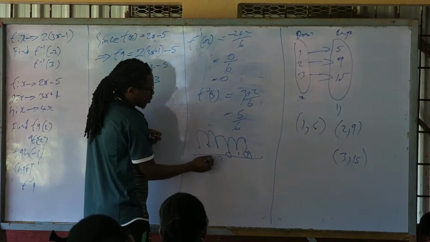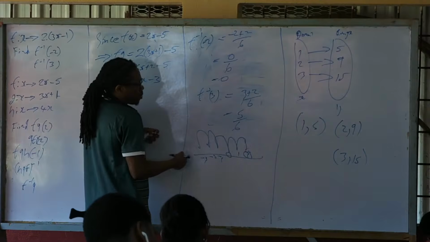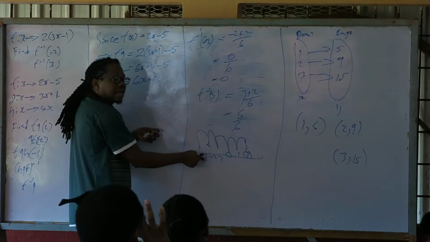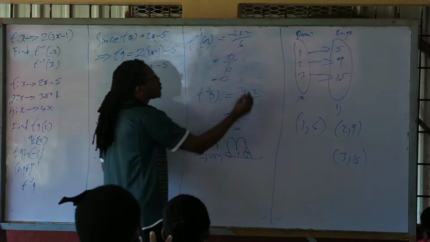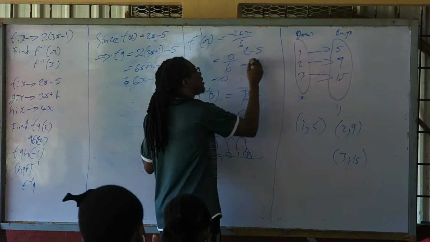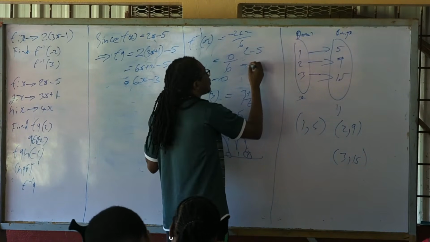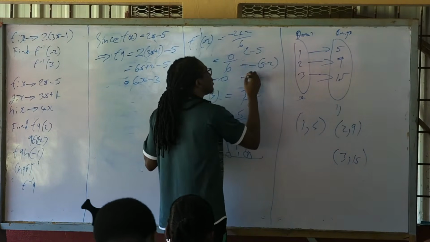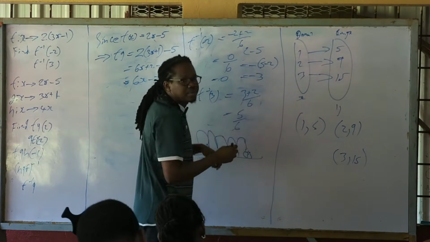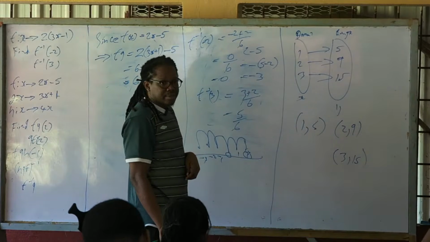So this is minus 1, minus 2, minus 3. So you start at 2, you move 5 to the left, you get minus 3. Are you understanding what I'm saying? So therefore, if you have 2 minus 5, it is equal to the sign of the bigger number, which is negative, 5 minus 2 is equal to minus 3. Everybody understand that? Good.